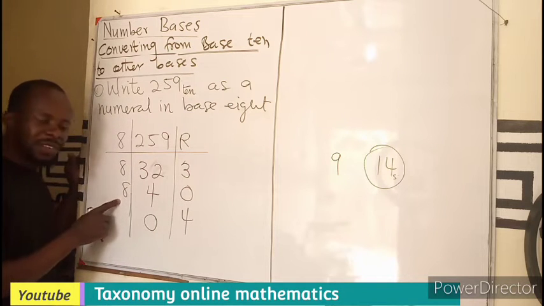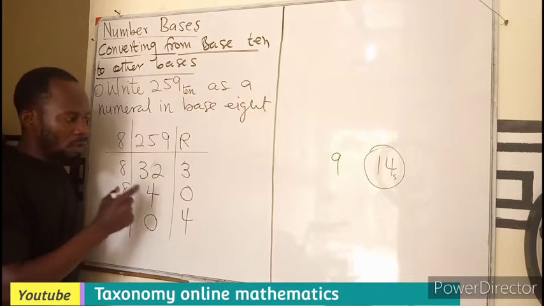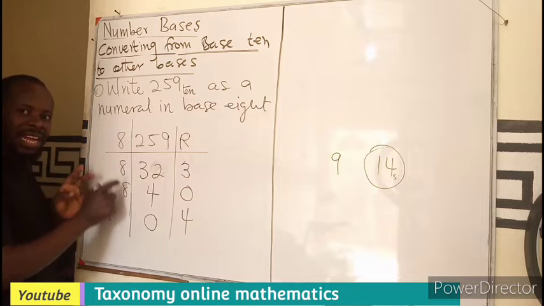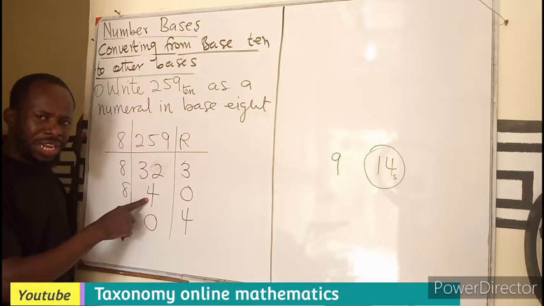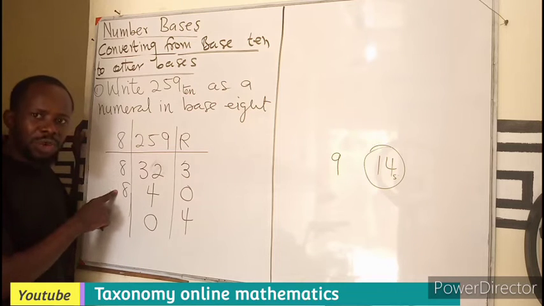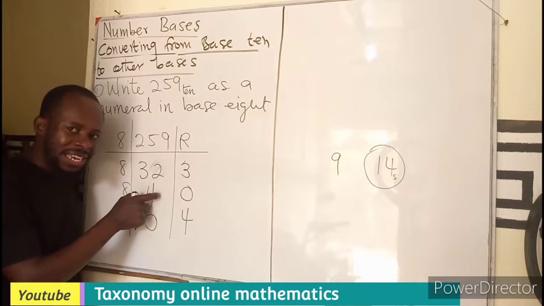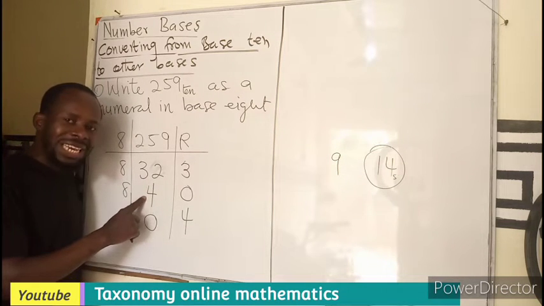When we get to this place, all the numbers in this column are in base 10. All the numbers here are the digits that 8 can accommodate. So when you get to this, which is smaller than the base, you still have to find out how many groups of 8 can be seen in that number. And there are only 0 groups. Remember a digit of 4.